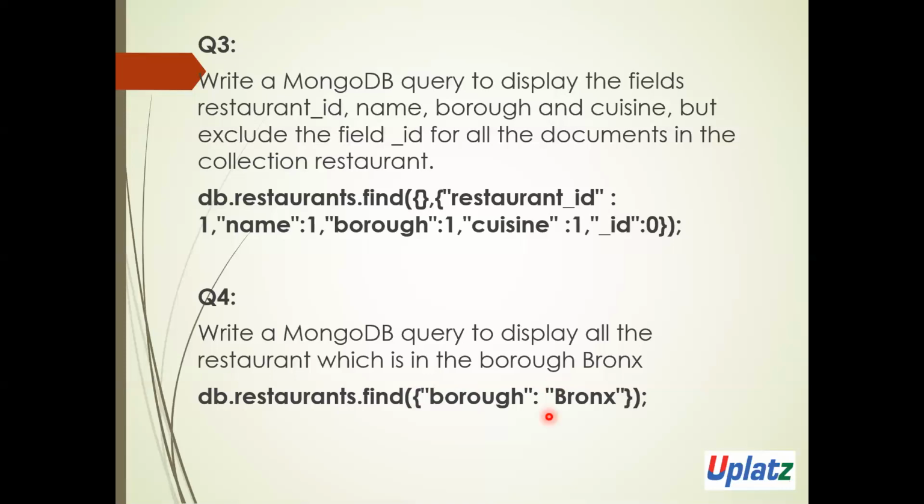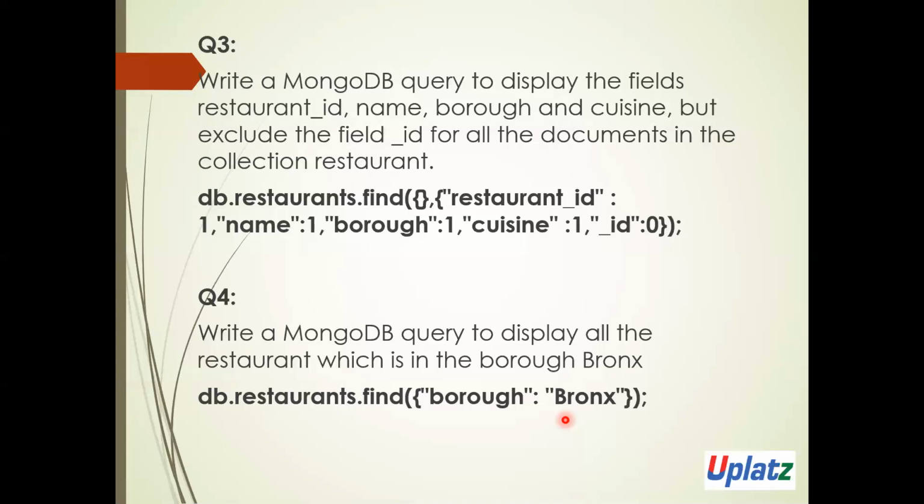I want the value Bronx, and I need to display all the restaurants that have it. So this is my query. I have used the filter, where this is my field and this is my value. I will get the result with all the restaurants in Bronx displayed.